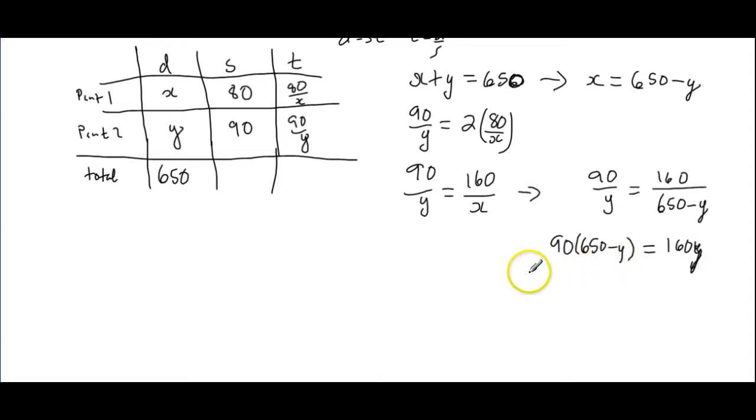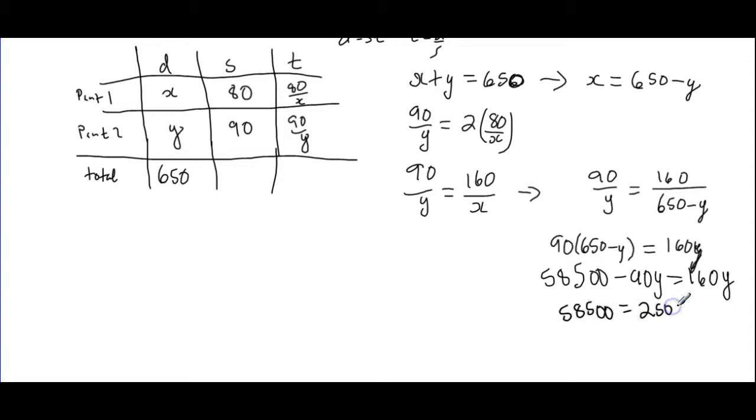Sorry, running out of tablet. 90 times 650. I need to get a calculator. Okay, so that is 58,500 minus 90y is 160y. Move the 90y over. So 58,500 is equal to 250y.